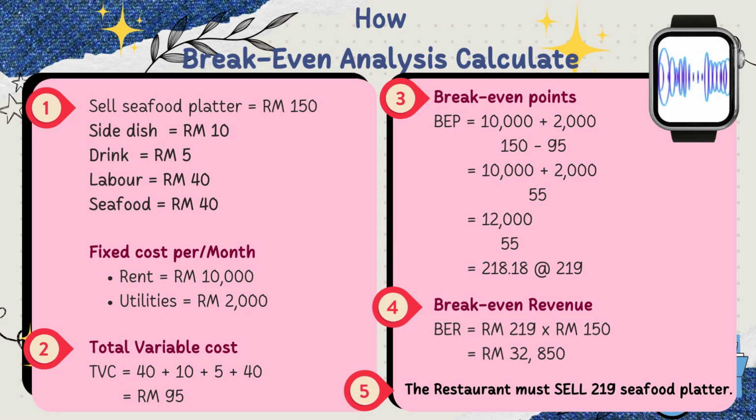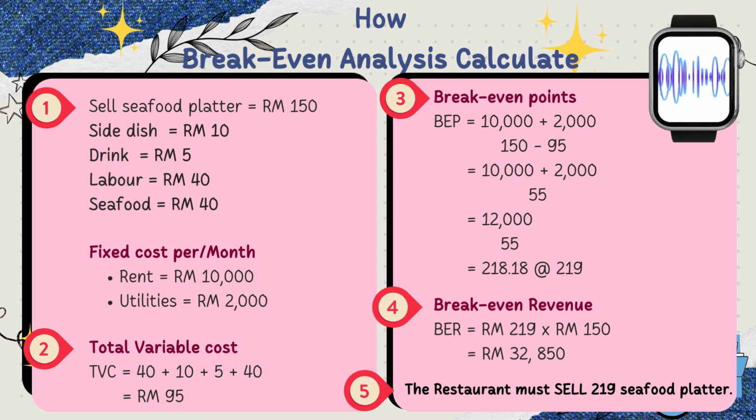Alright, the last part is how we calculate break-even analysis. In this slide, we provide one example question so I can explain to you step by step. In step 1, you must read the question carefully because it contains important data such as selling price per seafood platter, variable cost per platter, and fixed cost per month.